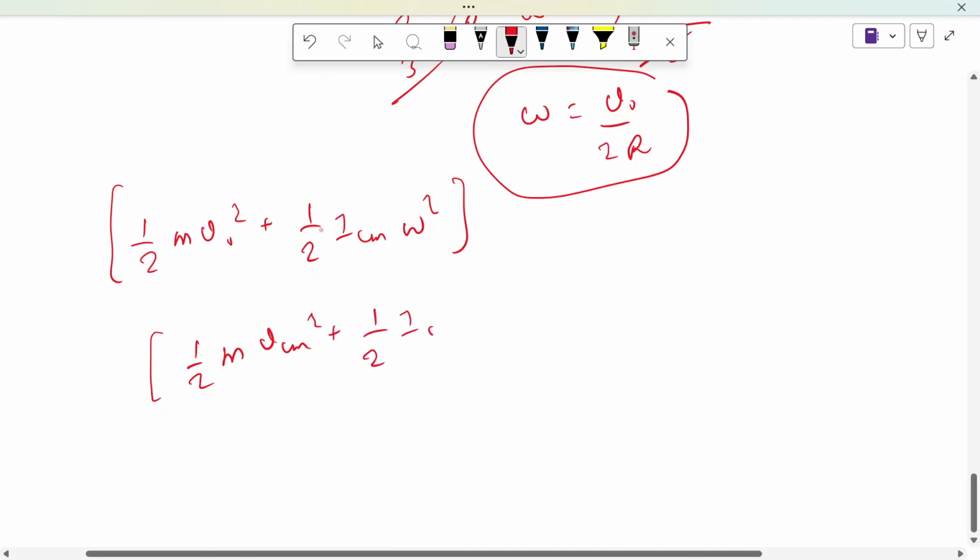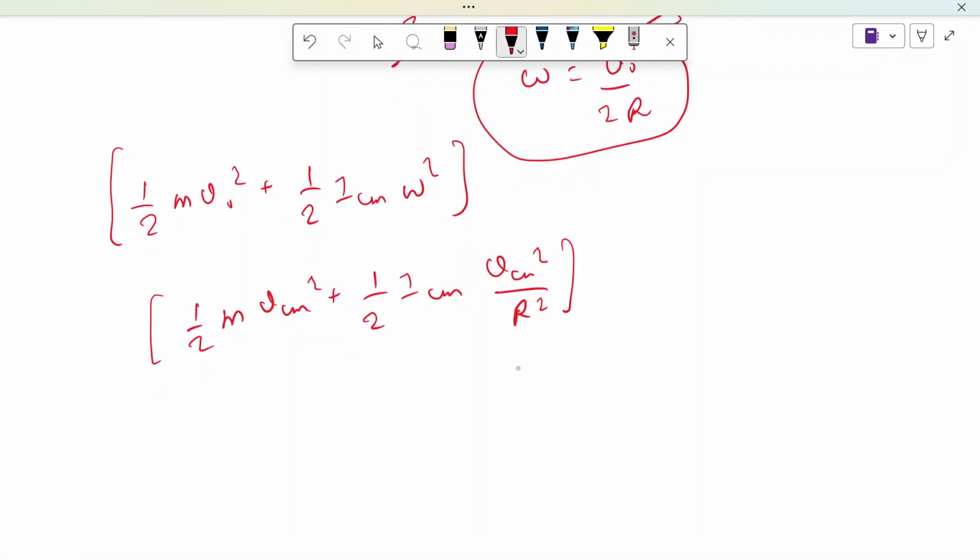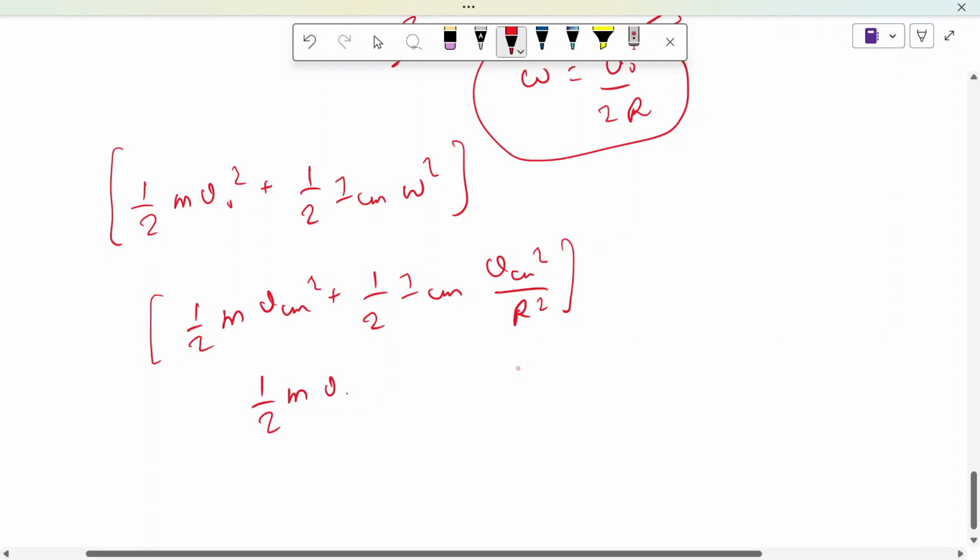In this case, omega is vcm by r, and Icm is 2 by 3 mr square. So 1 by 2 m vcm square plus 1 by 2 into 2 by 3 mr square into vcm square by r square. So this value is 1 by 2 plus 1 by 3, that is 5 by 6 m vcm square.